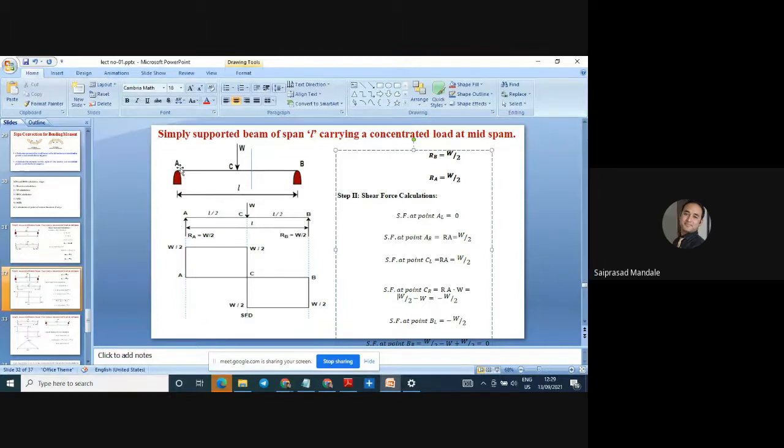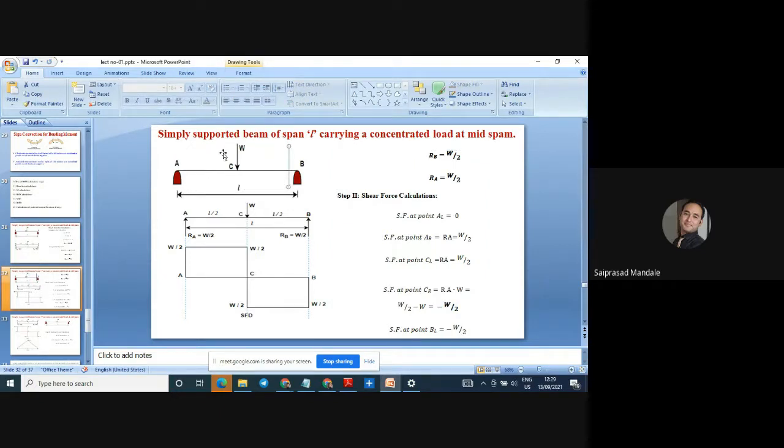Because RA is going upward and W is going downward. So what is RA? RA is W by 2 and W is as it is. So W by 2 minus W is minus W by 2.